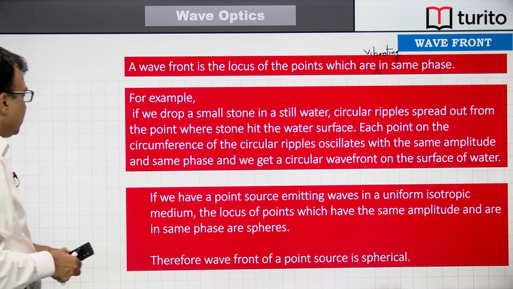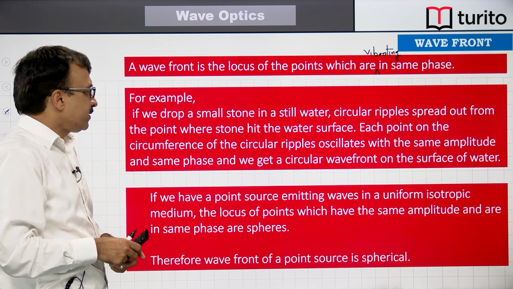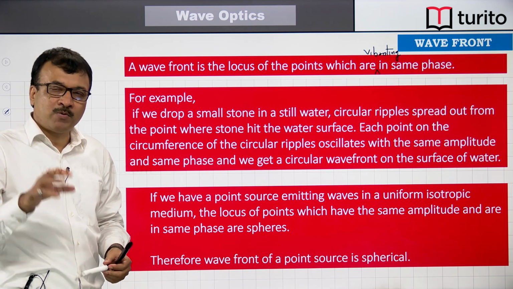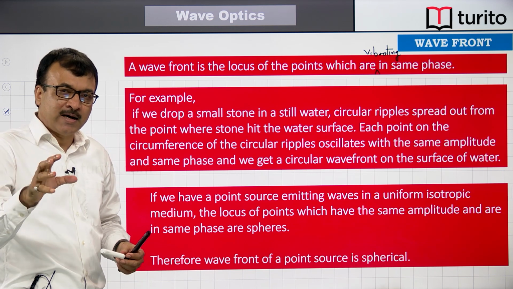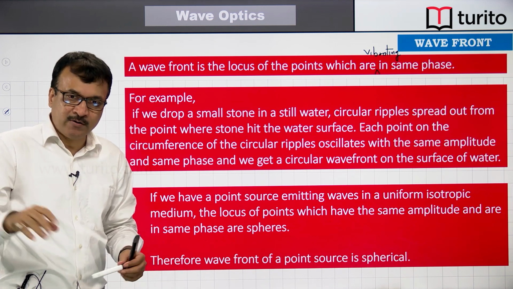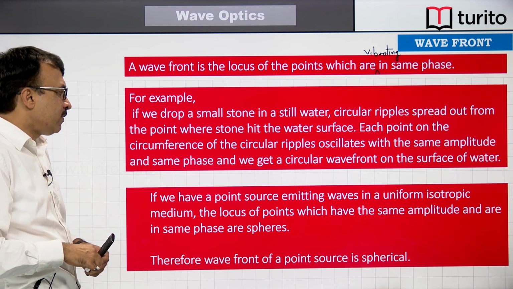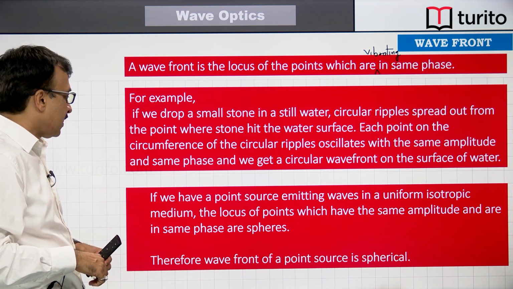If we have a point source emitting waves in a uniform isotropic medium, isotropic medium means the properties of the medium are identical in every direction, so this kind of medium is called an isotropic medium, the locus of points which have the same amplitude and are in the same phase are spheres.